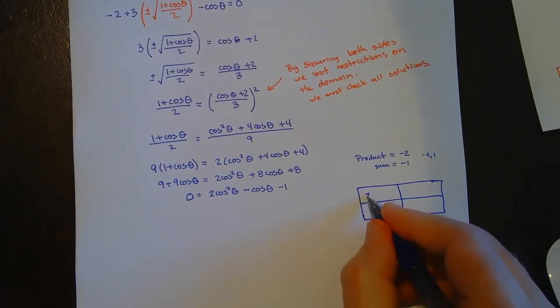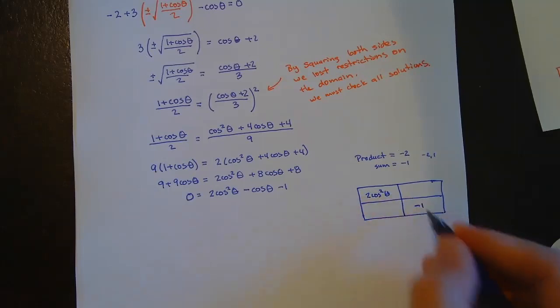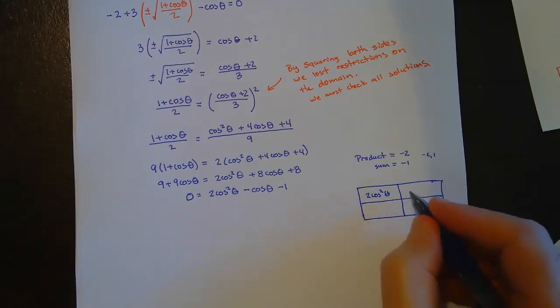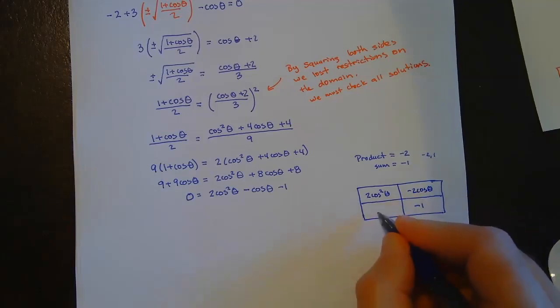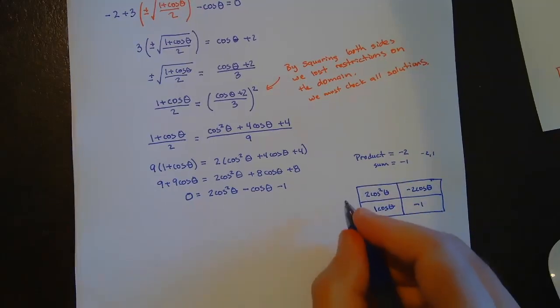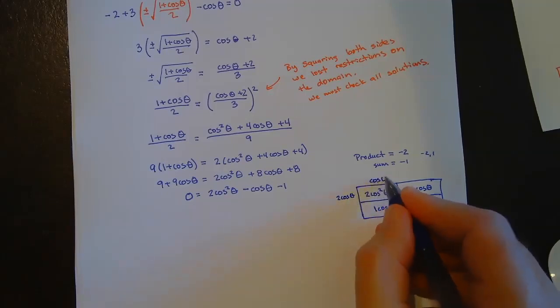Okay, so this is 2 cosine squared theta. This is -1. One of these is going to be -2 cosine theta, and the other one's going to be 1 cosine theta. So -2 cosine theta and 1 cosine theta, or you could also write cosine theta here. GCF across the top here is 2 cosine theta. And then right here is cosine theta.